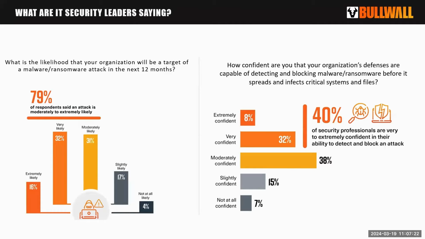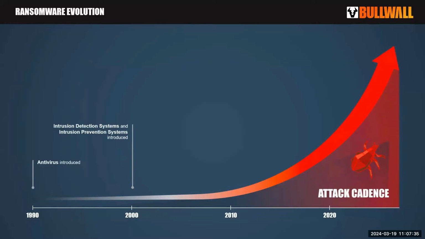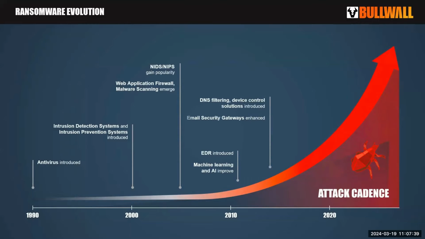So there's a mismatch with those statistics of, if something were to happen, have you got the right technologies today to actually block that threat? And I think that's heightened even further when we start to look at that evolution of ransomware or malware over the past 30 years, where we saw that first strain of malware being released, and then the security industry adopted different technologies, starting off with antivirus to try and block that threat.